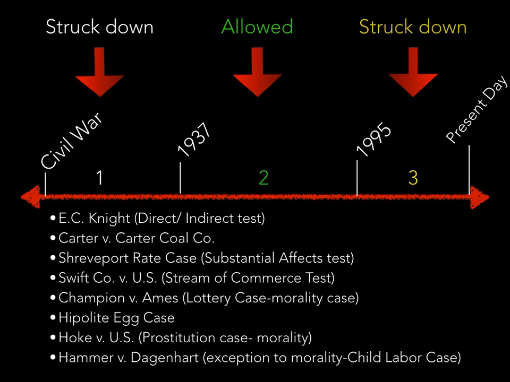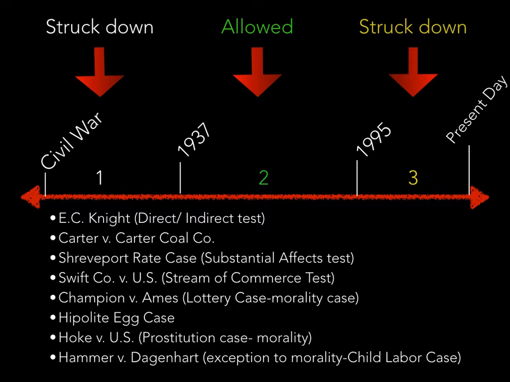Albeit in that case, 98% of what they were producing was sugar, right? Which is the vast majority of it. But they said it only indirectly affects commerce, which put them beyond the realm of what Congress could regulate under the Commerce Clause.